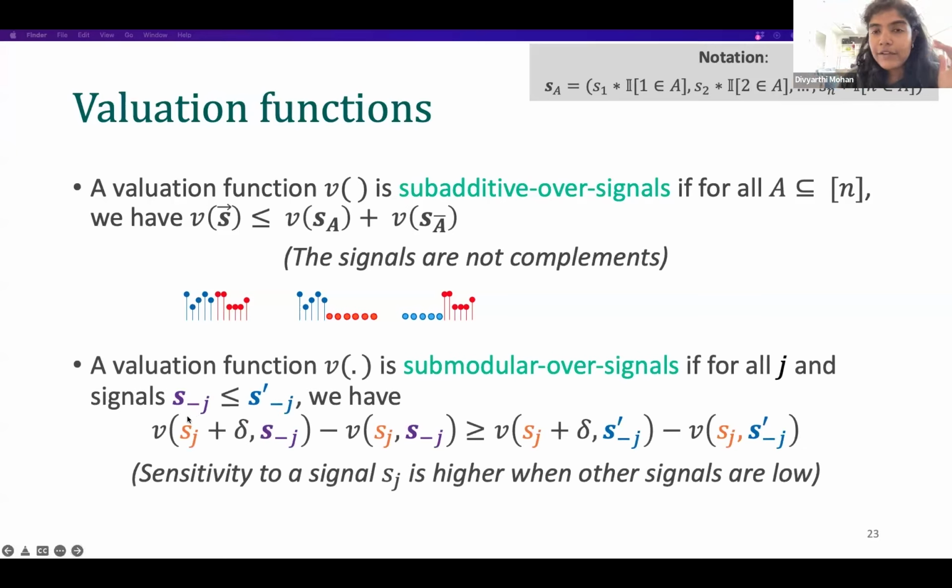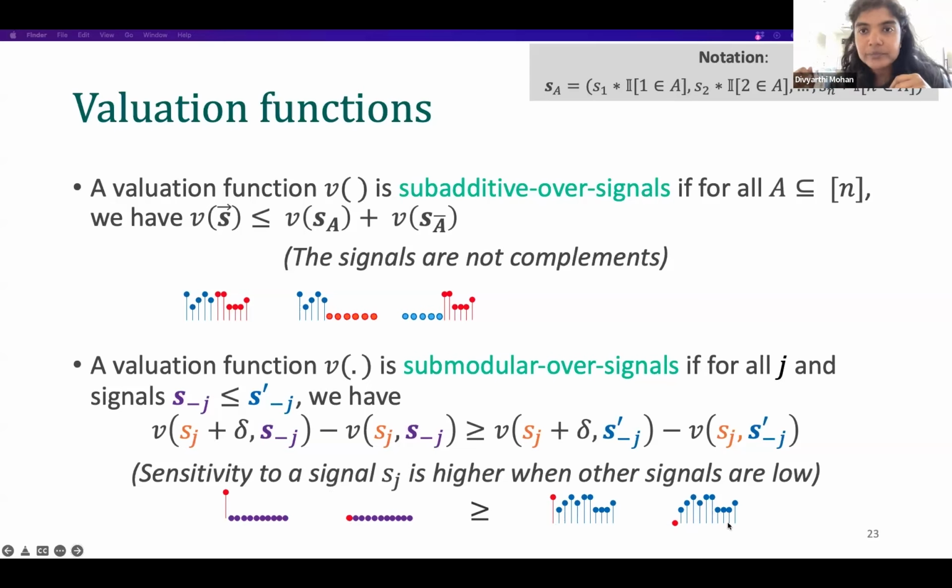Okay, so if I have 2 signal profiles where S minus i is very low compared to S prime minus i, coordinate wise is low compared to S prime, then increasing S_j should have a much higher effect in the lower coordinates compared to increasing S_j when the other coordinates are higher.